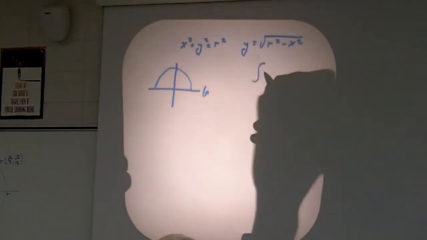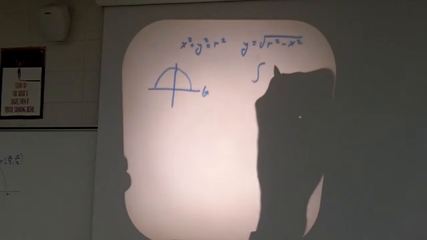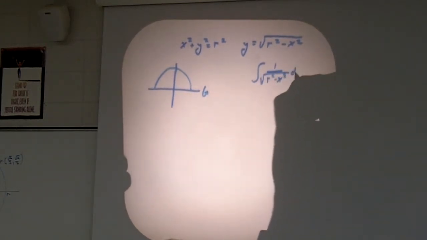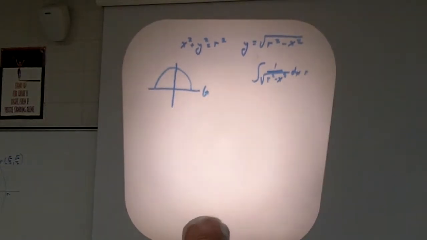And what is the integral of 1 over the square root of r squared minus x squared dx? And that's in the back of your book, number 13 under integration.